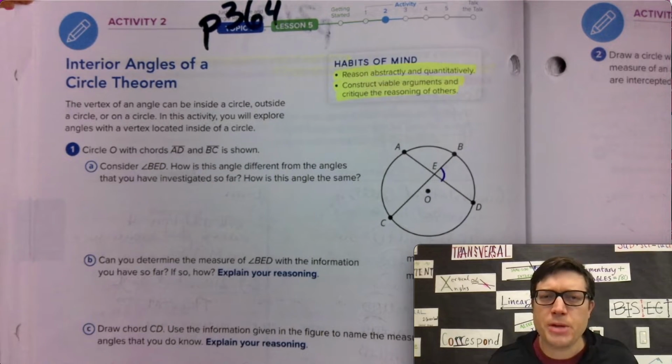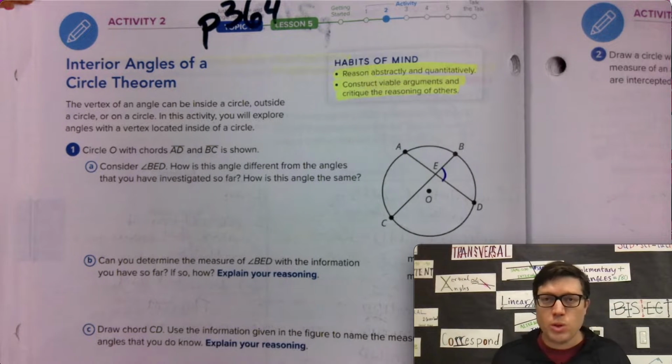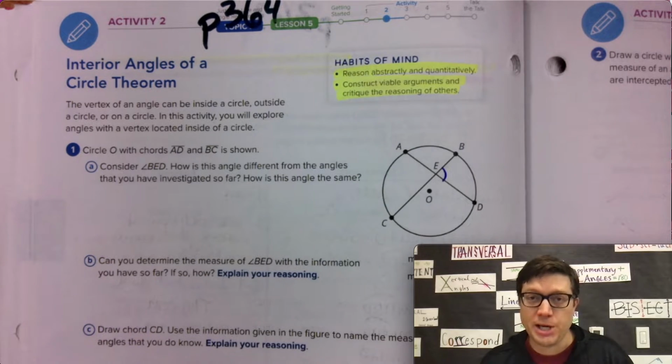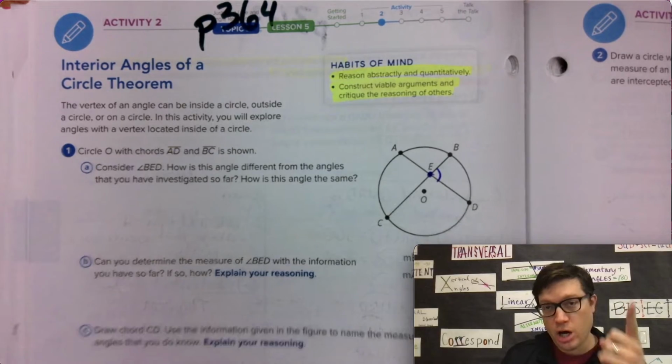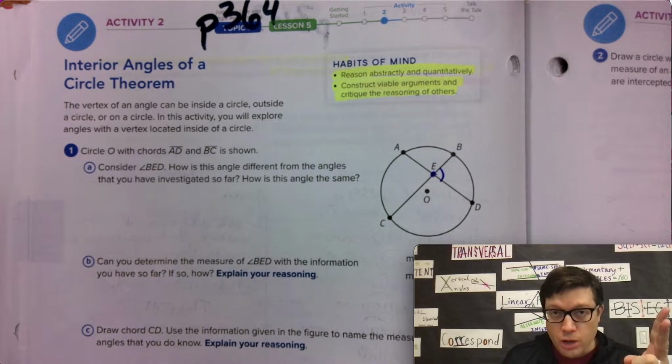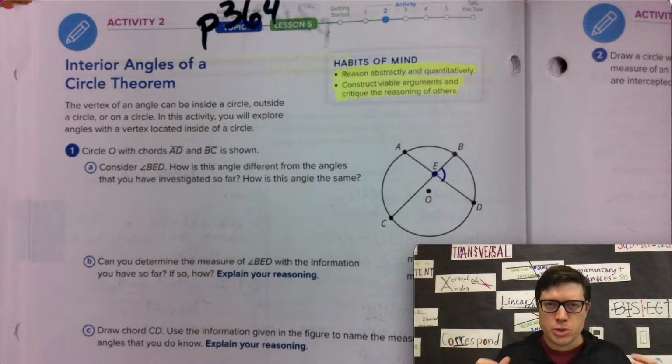How is this angle different from the other angles, like I said, the central angle and the inscribed angle? What's the difference? Honestly, it really just comes down to the fact that the vertex is not on the center and not on the circle itself, but it's somewhere in the middle of our circle space.